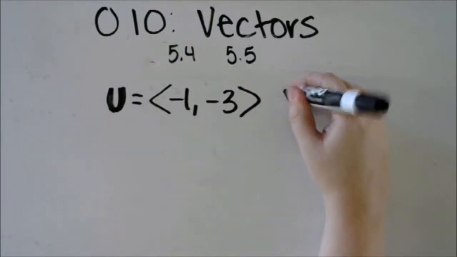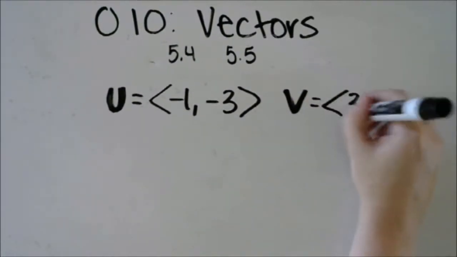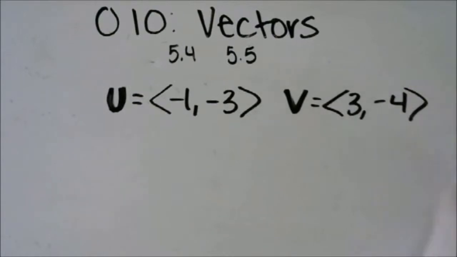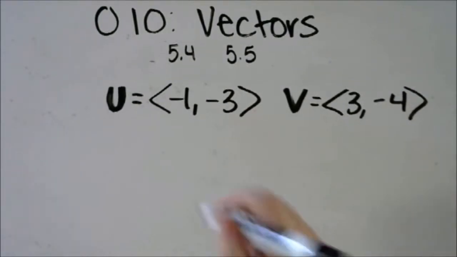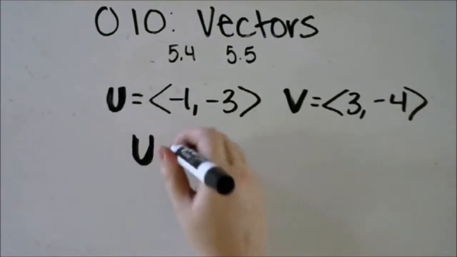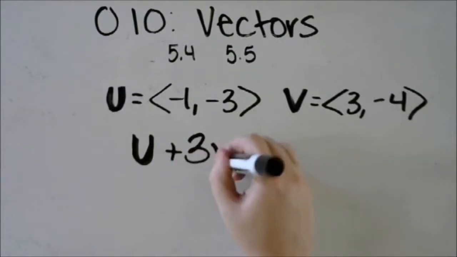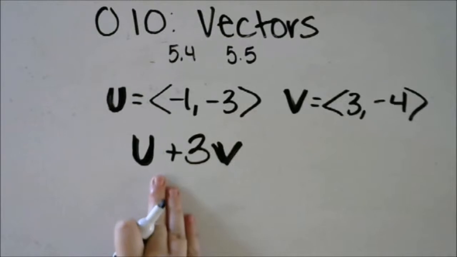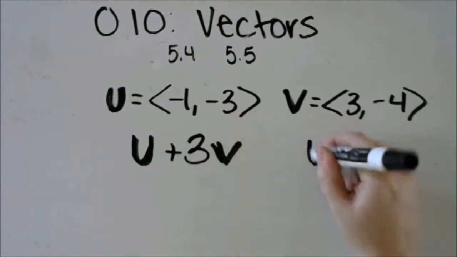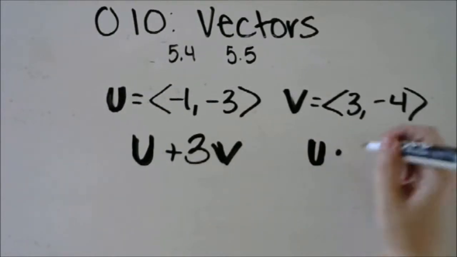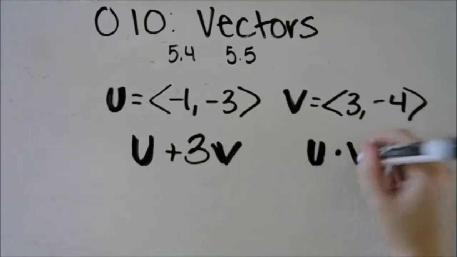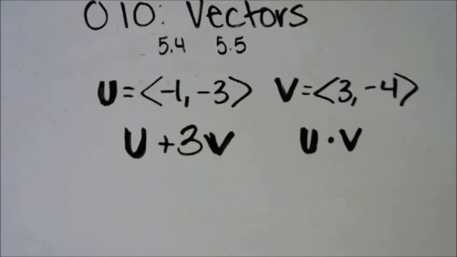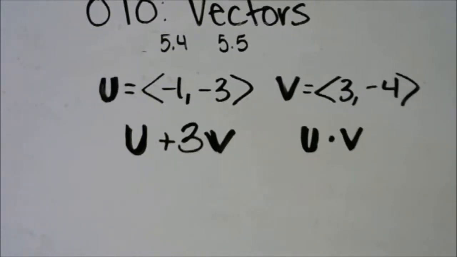And then we're going to let v be our second vector, and its component form is <3, -4>. So we're going to find u plus 3v, which will allow us to practice scalar multiplication as well as a sum. And then we're going to find the dot product of u and v, which again is not going to be a vector, but a singular value, a scalar value.